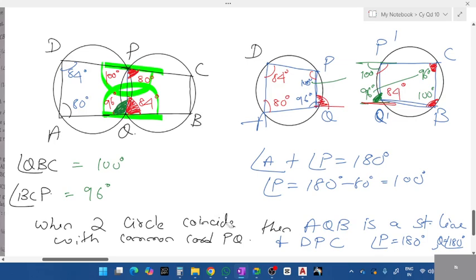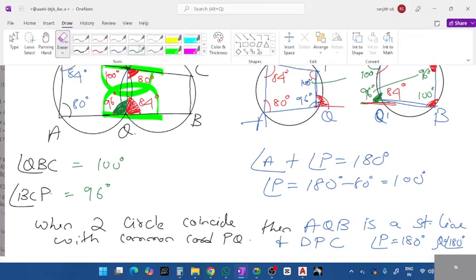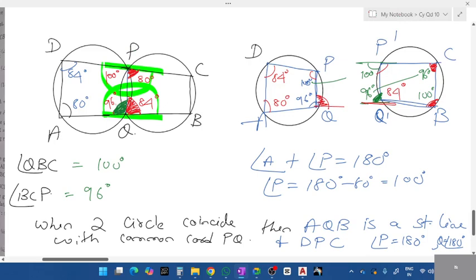Even before writing this theorem, we found the answers 96 and 84 using the exterior angle concept. Which concept did sir use, exterior angle or the straight line? Okay, both ways, fine.